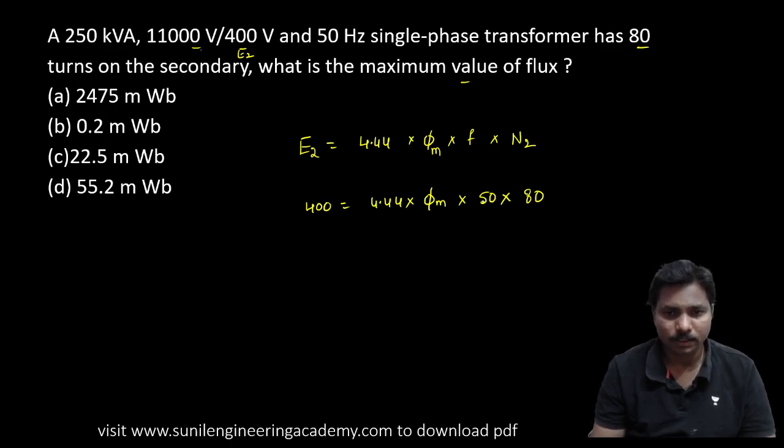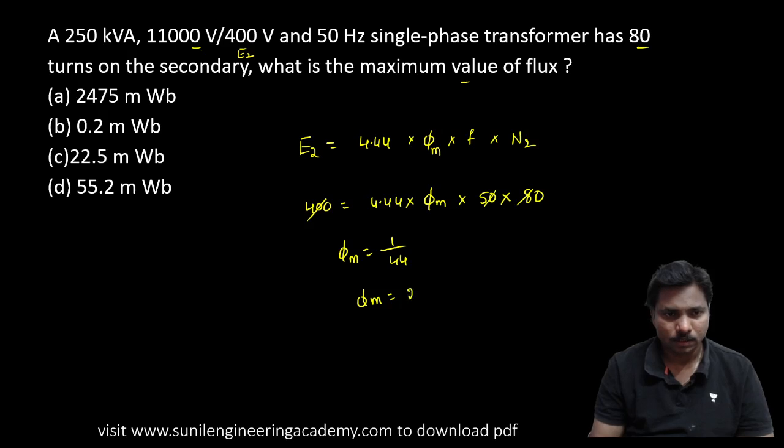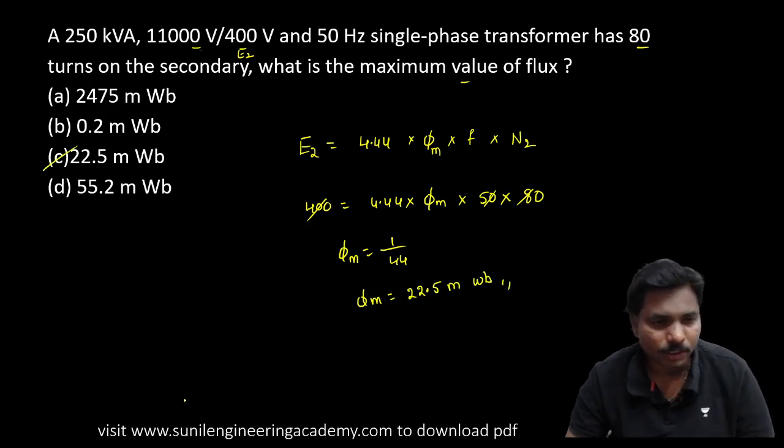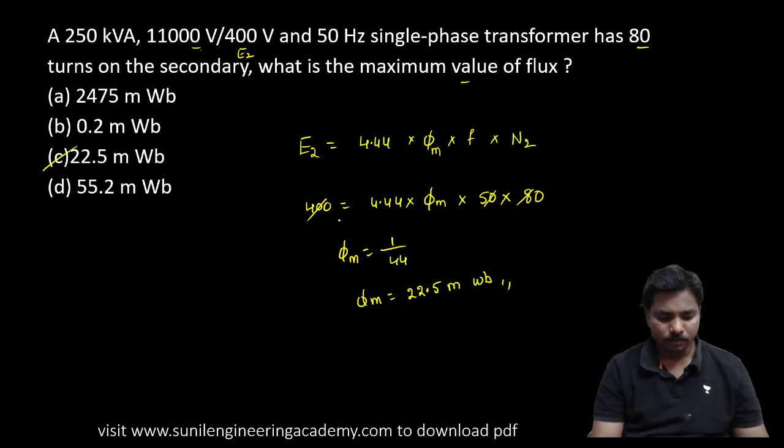So just calculate: 50 into 8, 400, so this one cancels out. Then phi m is equal to 1 by 4.44 into 10, that is 1 by 44. That is nothing but almost 22.5 milliweber. So the answer is option. Okay.